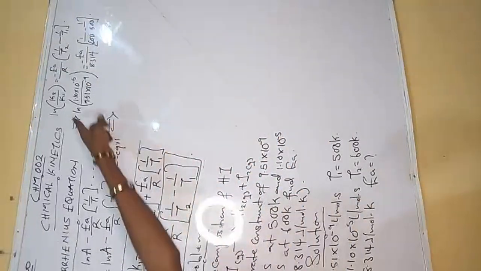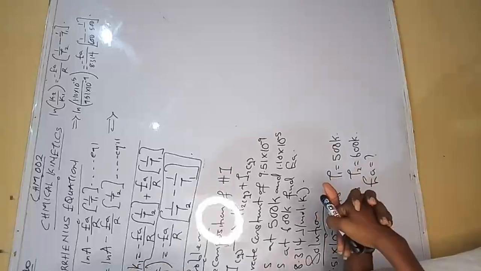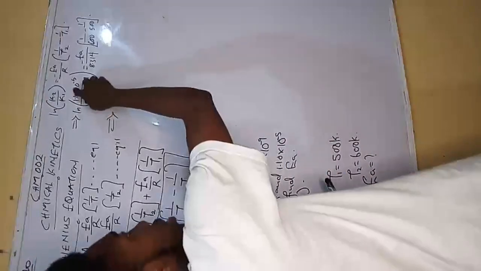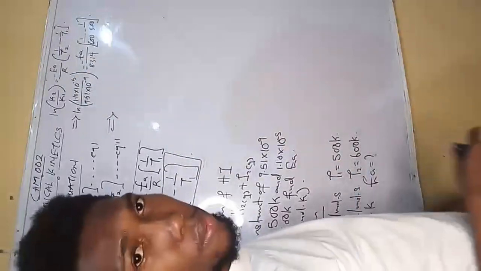Let's solve. What do we have in this place here when you press it in your calculator? This divided by this. What does it give you?